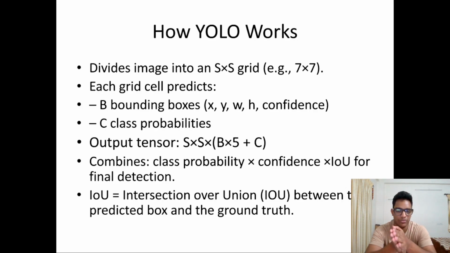IOU is the intersection over union between the predicted box and the ground truth. Basically, it measures how much the predicted bounding box overlaps with the actual box, that is, where an object actually exists in that area.